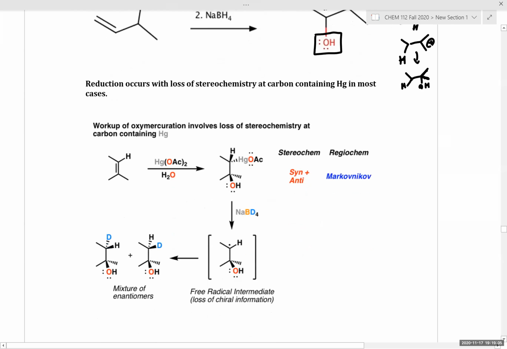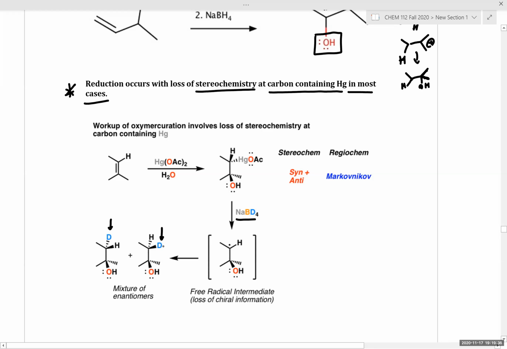Okay. So unfortunately, as we've talked about earlier, reduction occurs with loss of stereochemistry at the carbon containing the mercury atom in most cases. This has been shown experimentally. If you reduce with the deuterium analog of sodium borohydride, you see a mixture of enantiomers.